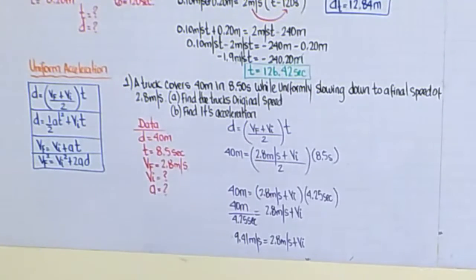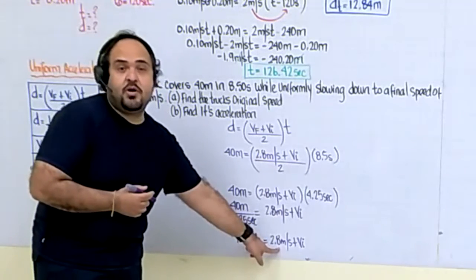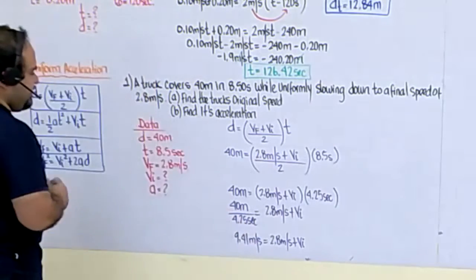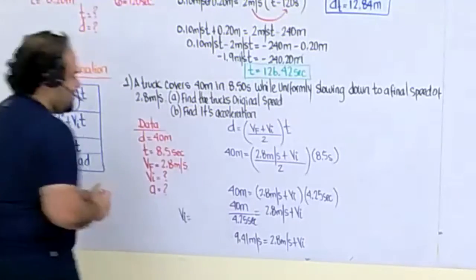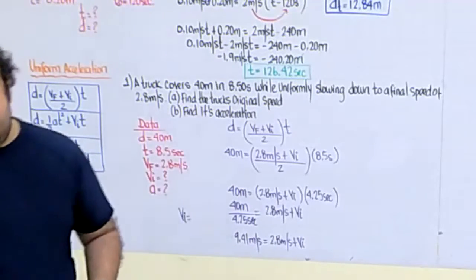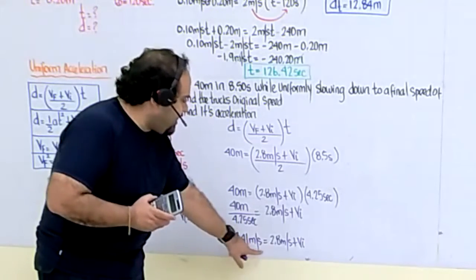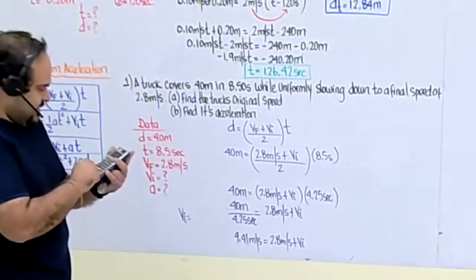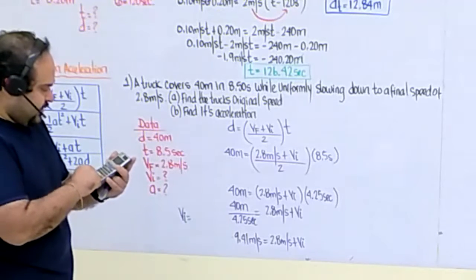And because we are looking for the initial velocity, if you see 2.8 is adding, it passes to subtracting. So we can conclude that initial velocity will be equal to the subtraction between 9.41 minus 2.8.